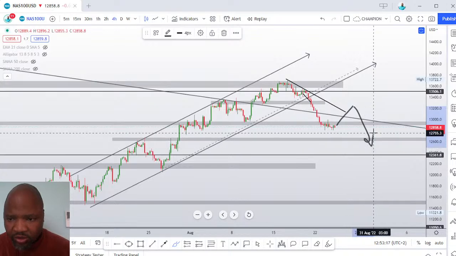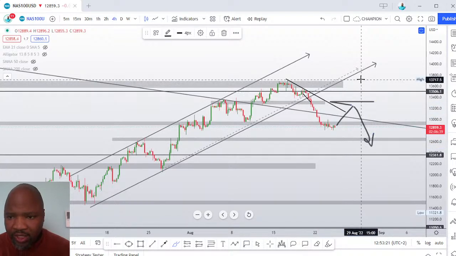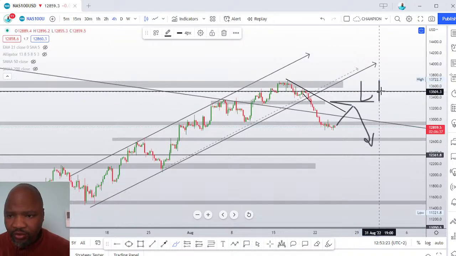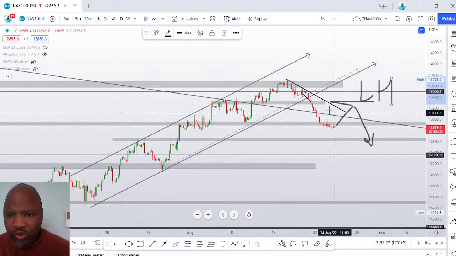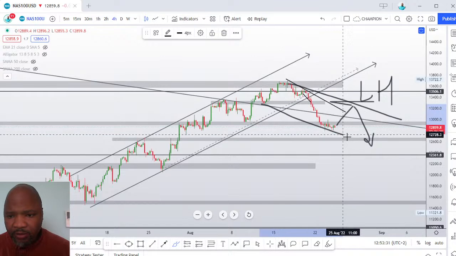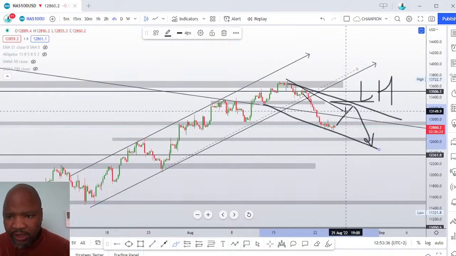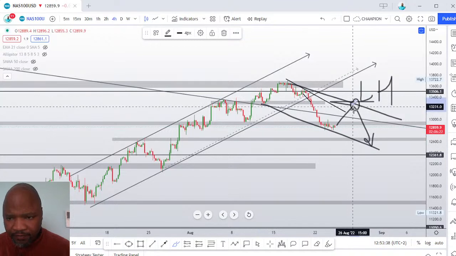We cannot just look for sales without having the lower high. So we just have to be patient, wait for the price to present the new lower high, so that we can make this type of structure. This is where we sell.